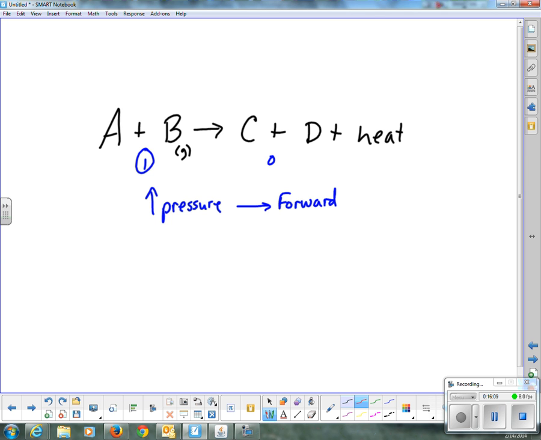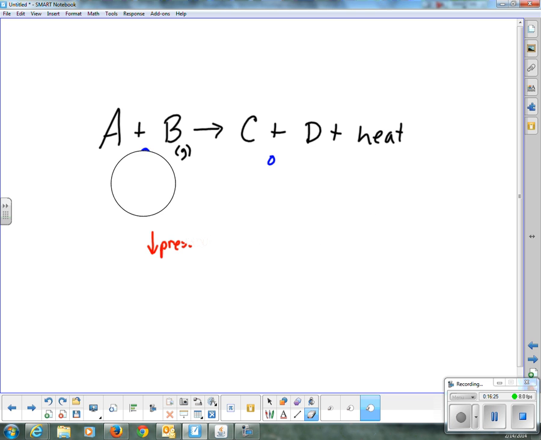If I decrease the pressure, then it's going to go backwards because it'll go to the side that has the most gas, and it's just gases. All right?